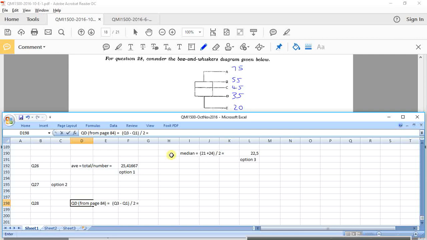If I look at my whiskers graph, Q3 is the B, so 55, minus Q1 is the D, 35, divided by 2. That gives you 10.